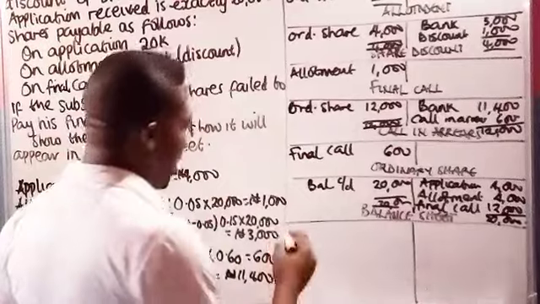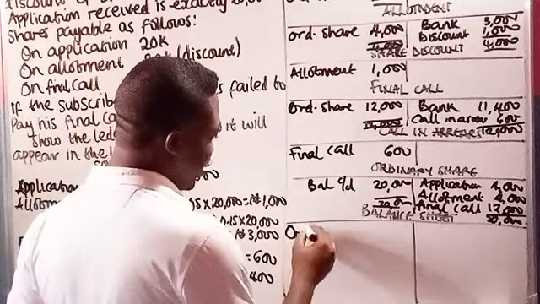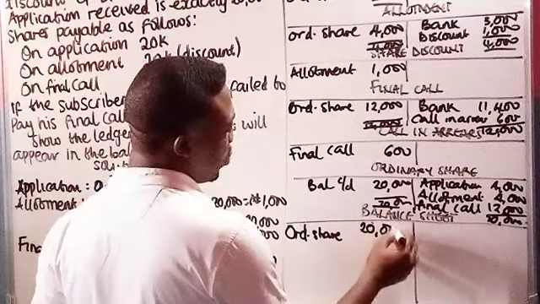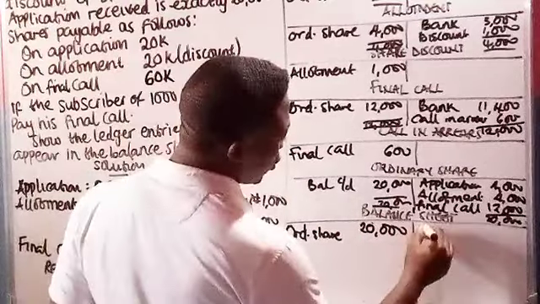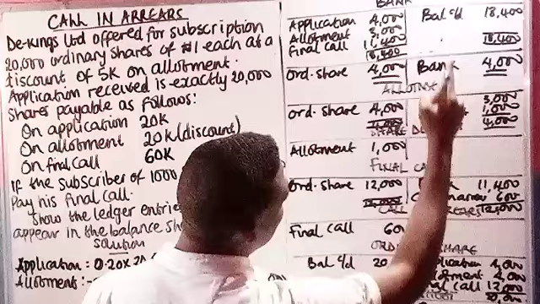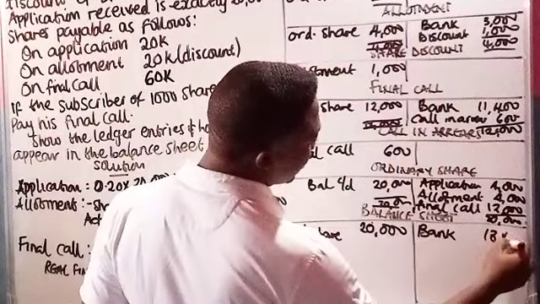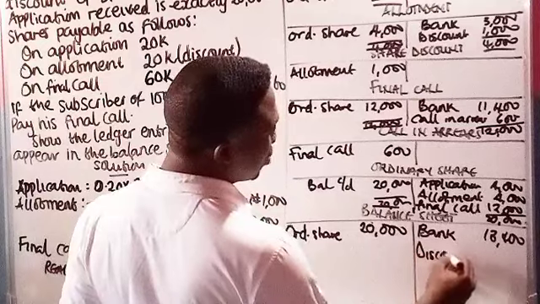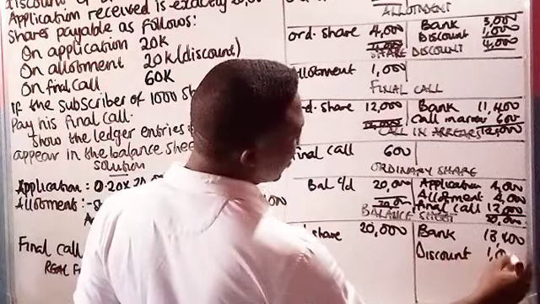Okay, so if we now come to our balance sheet, the ordinary share 20,000. Our bank is 18,400. Now we have the preliminary expenses, which is a discount, as 1,000.